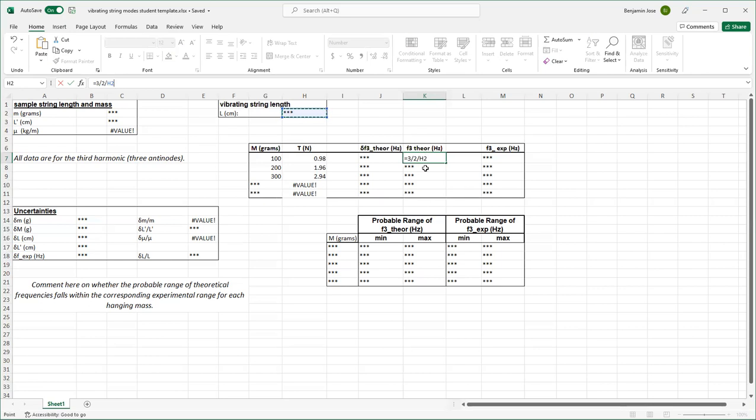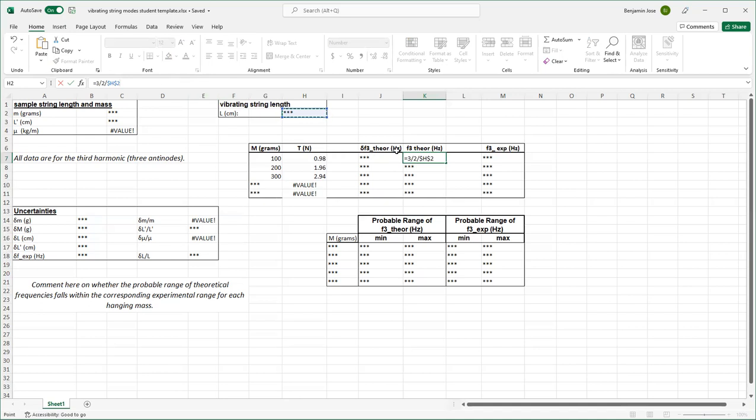For each of the subsequent rows, I want to refer to this specific cell when I'm calling the length of the string. So I need to hit F4 on my keyboard. I'll show you one more time. Right after you click on the cell in question, here's the cell for the length, I hit F4, and that converts the cell reference into an absolute cell reference.